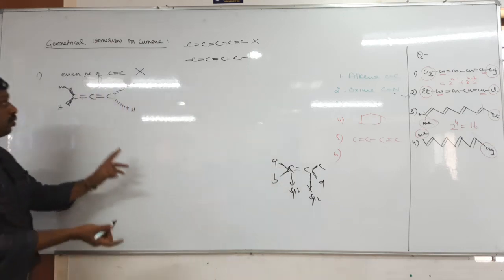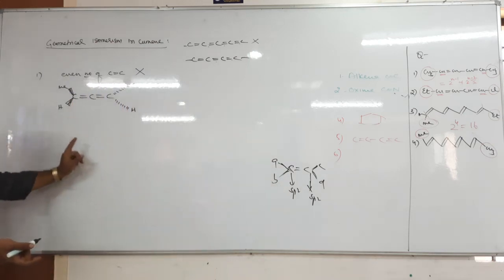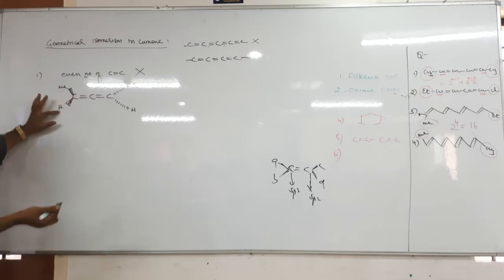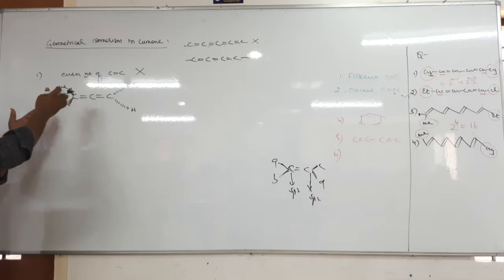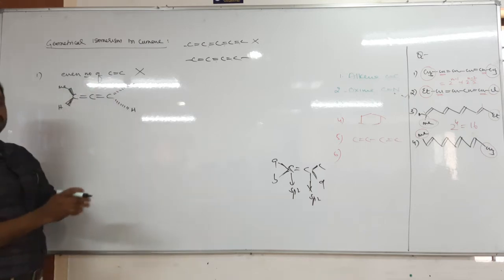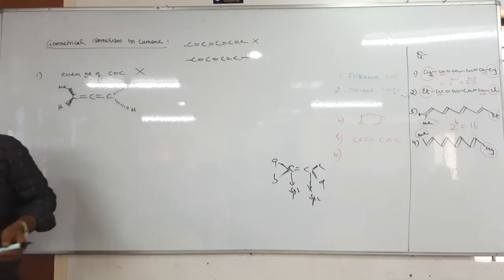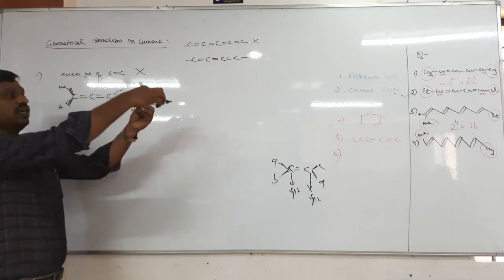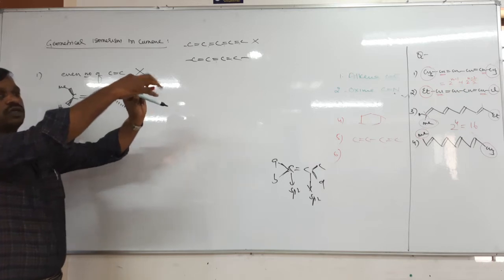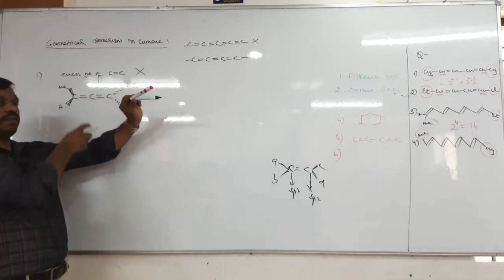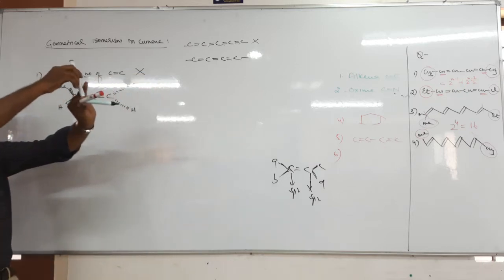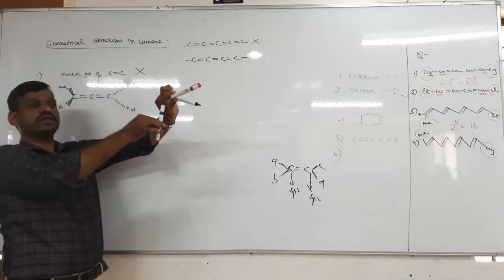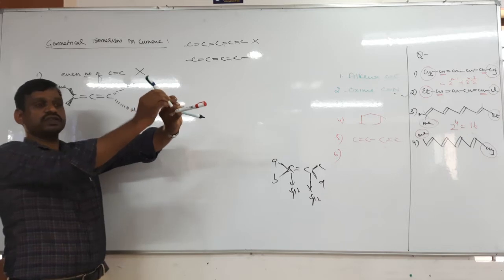But here, due to two double bonds in continuous position, an even number of double bonds, the methyl and hydrogen are like away from the observer and towards the observer. If I take a pen here, suppose the methyl is like this, and the two groups on this carbon come like this.